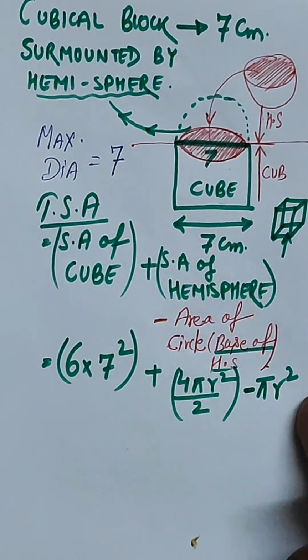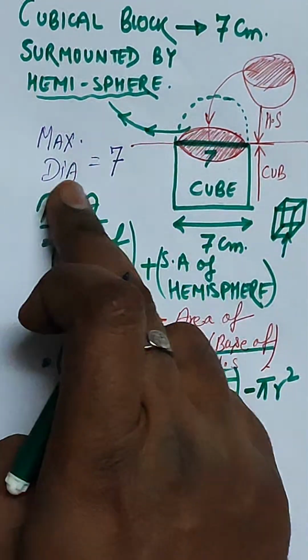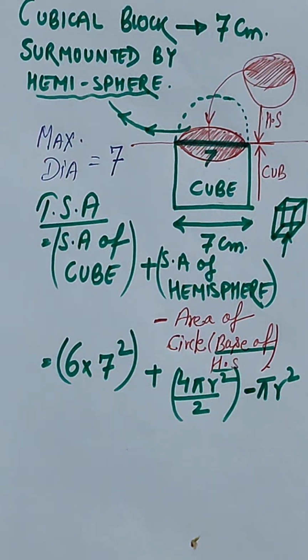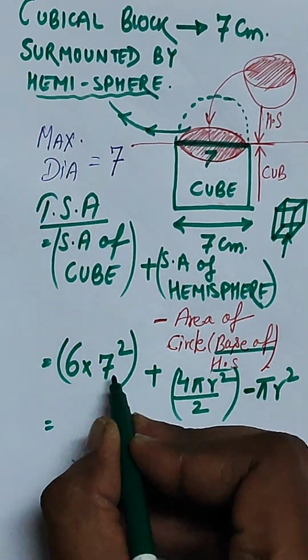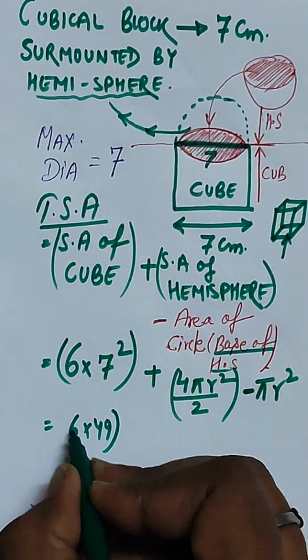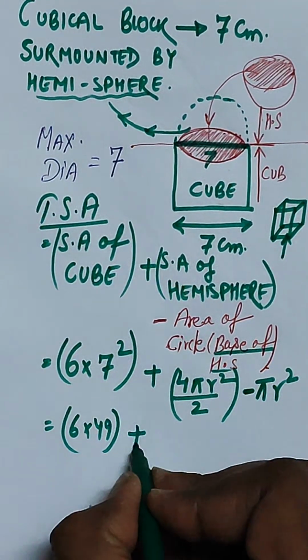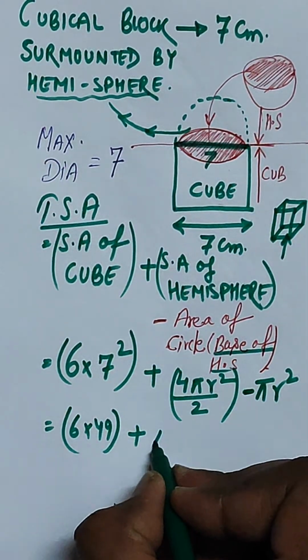But remember, my dear friends, this 7 will act as a diameter. So what will be the radius? The radius will be 7 by 2. So it will be 6 into 49, the surface area of this cube, plus 2 pi r square minus pi r square.